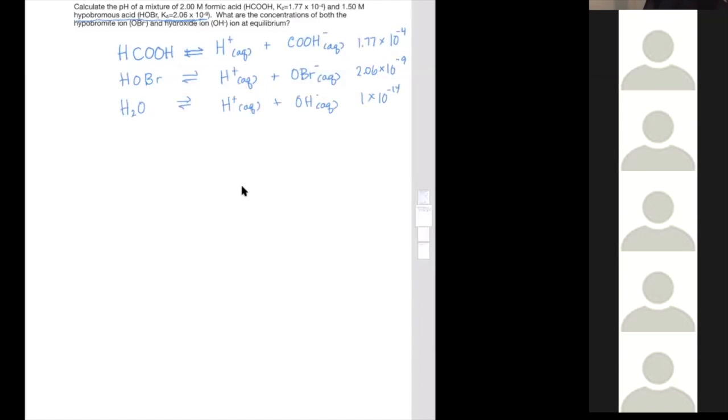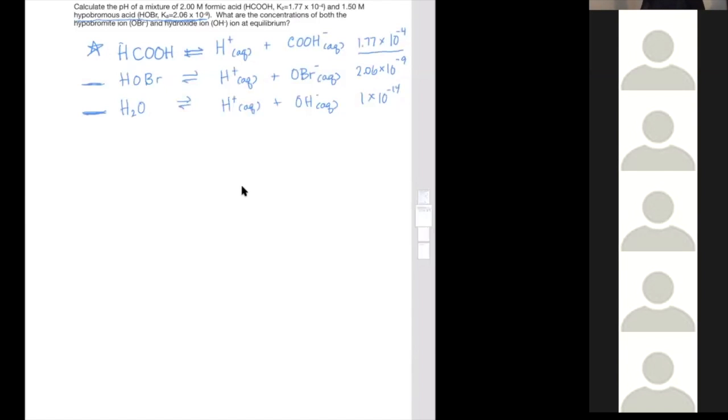So here we see that the dissociation of formic acid is by far the most important supplier of the hydrogen ions based on the Ka value. Notice these other two are much smaller. And this goes back to Le Chatelier's principle, which dictates that the dissociation of the hypobromous acid, the second equation here, and the autoionization of water will be suppressed.